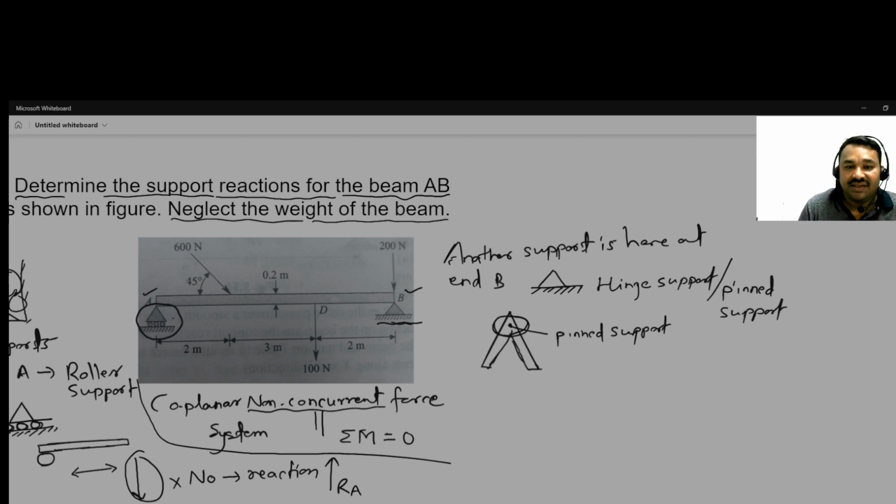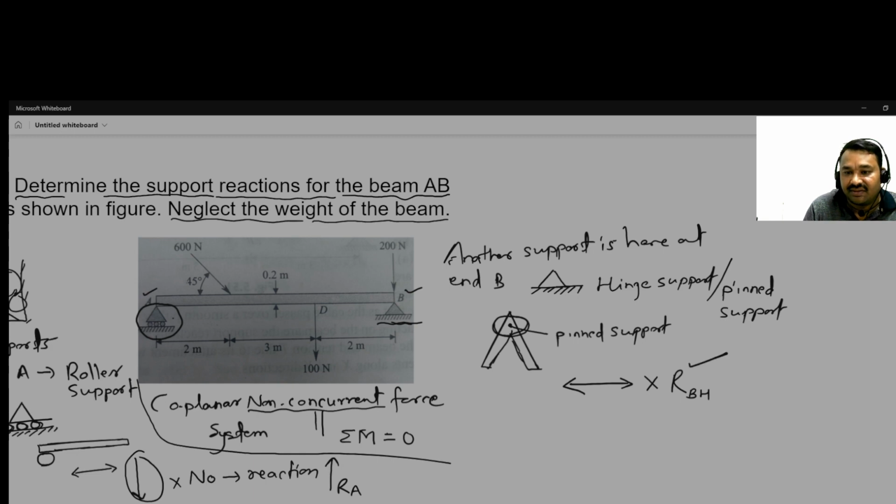And now see, it is pinned, so can it move in this direction, meaning horizontal direction, either left side or right side? No. That's why there is a horizontal reaction, RBH, H for horizontal.